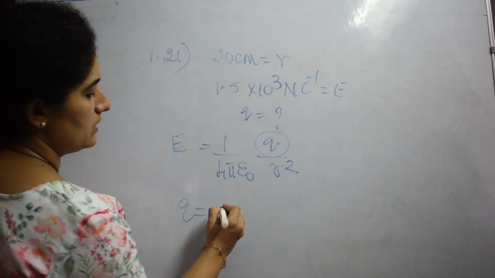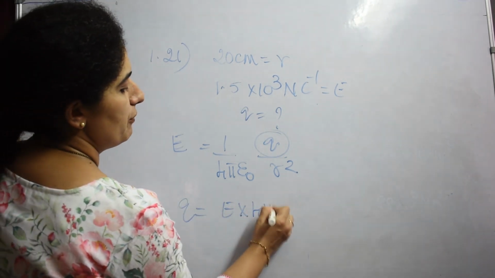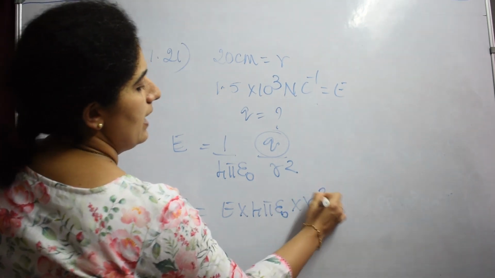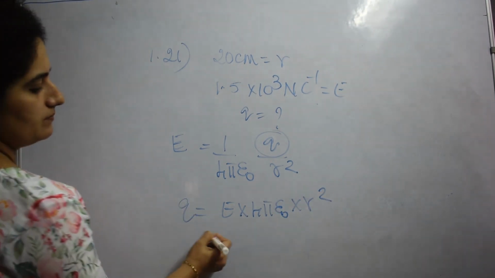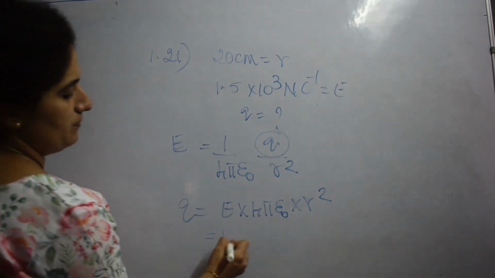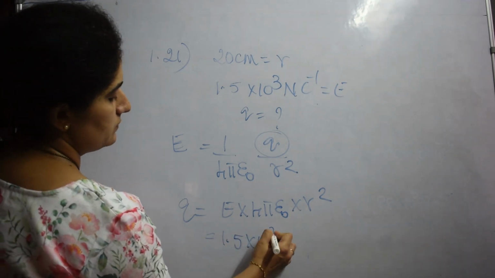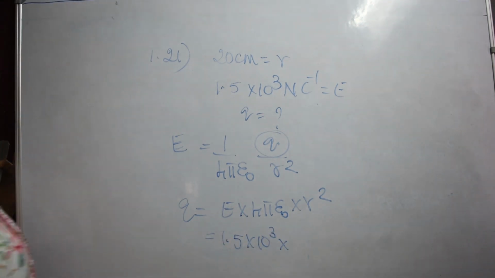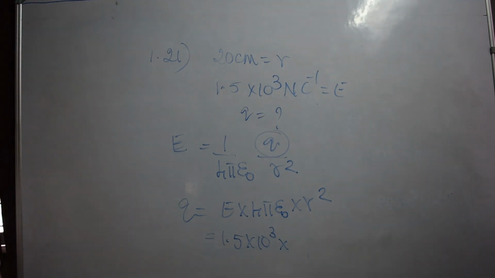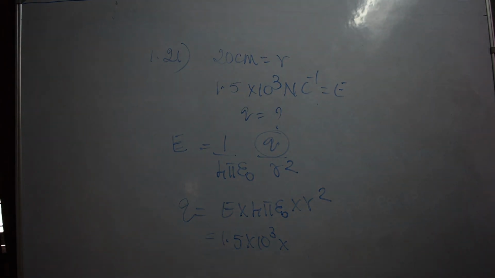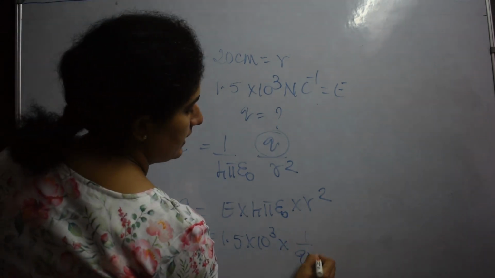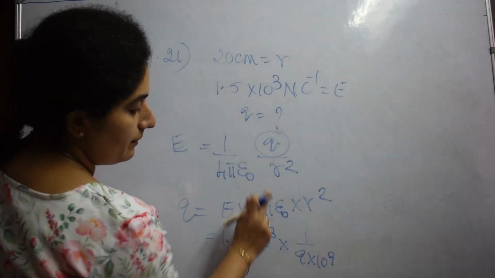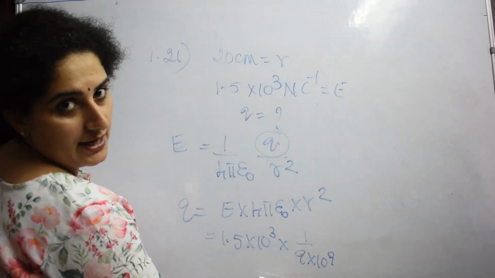So Q will be equal to E into 4 pi epsilon naught into R square. So E is 1.5 into 10 to the power 3, 4 pi epsilon naught. Either you can substitute the value for epsilon naught, or you can write it as 1 by 9 into 10 to the power 9. Correct? 1 by 4 pi epsilon naught is 9 into 10 to the power 9.